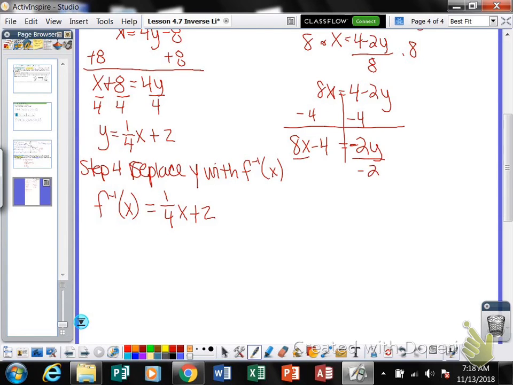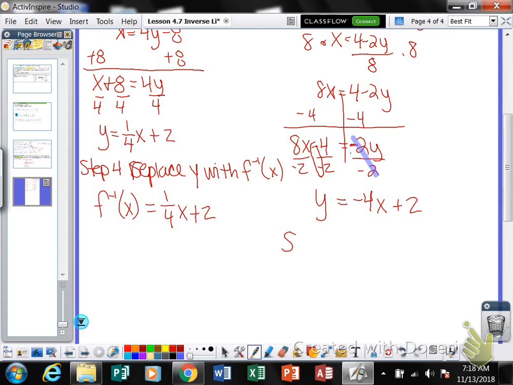Now I have to divide everything by negative 2. And again, I like my y on the left. That's just me. So then I say y equals, because negative 2 divided by negative 2 is 1, so y. 8 divided by negative 2 would leave me with negative 4x. Negative 4 divided by negative 2 would be positive 2.